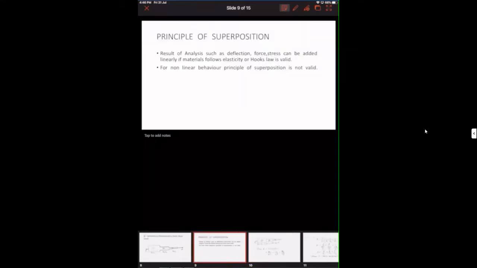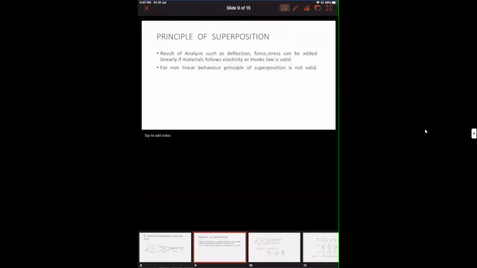The principle of superposition states that results of analysis such as deflection, forces, and stresses can be added linearly. Can be added linearly means that we can add 1 plus 2 plus 3 like that if the material follows elasticity or Hooke's law. Means the principle of superposition is only valid if Hooke's law is applied.